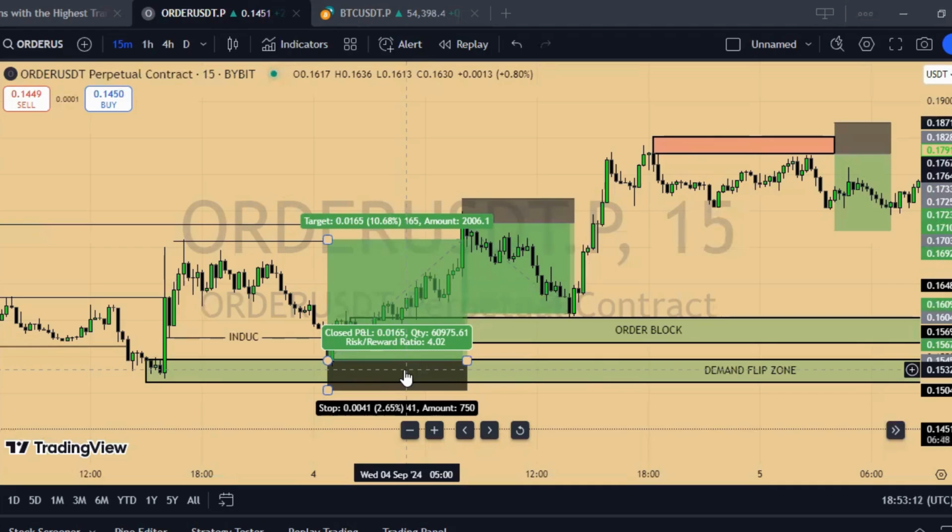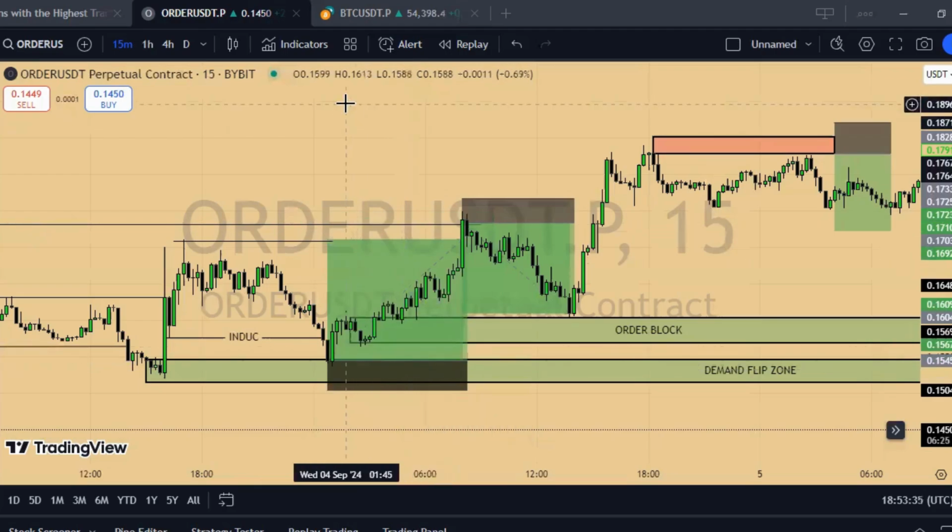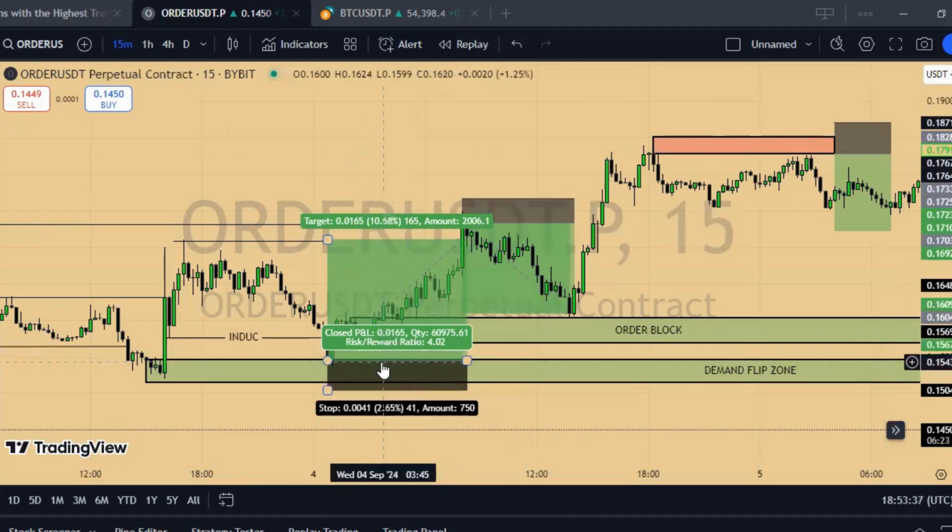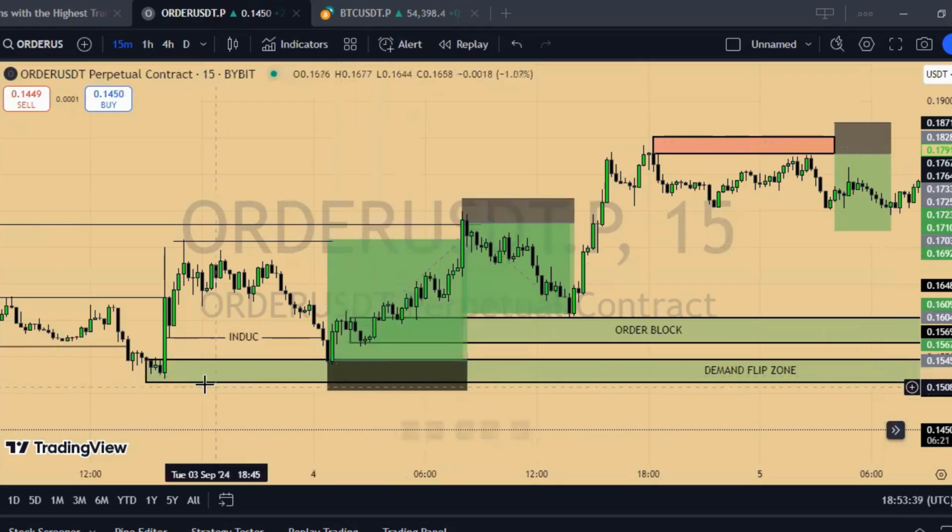This is possible for crypto traders, but for forex traders, you can manage your risk through your lot size. My leverage was 10 times. Most times it's 20 times, but on this trade I took 10 times, and my stop loss is right below this low, as you can see.